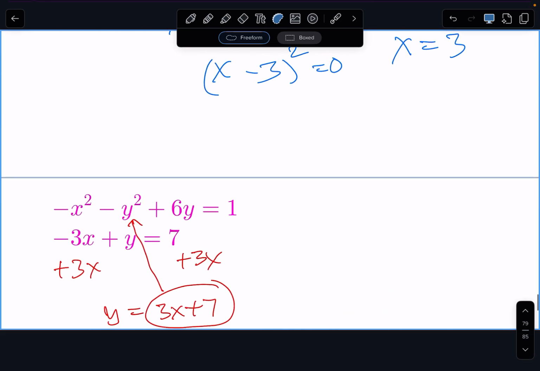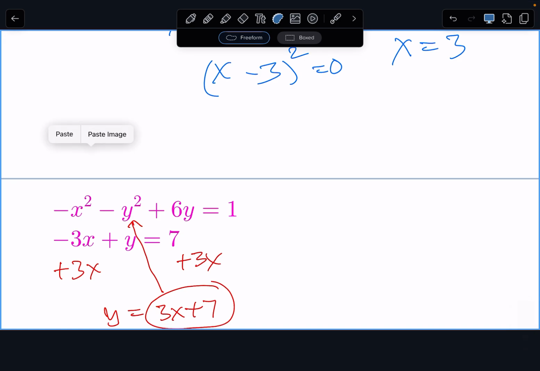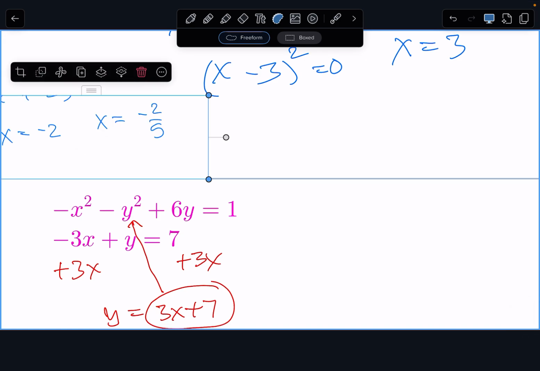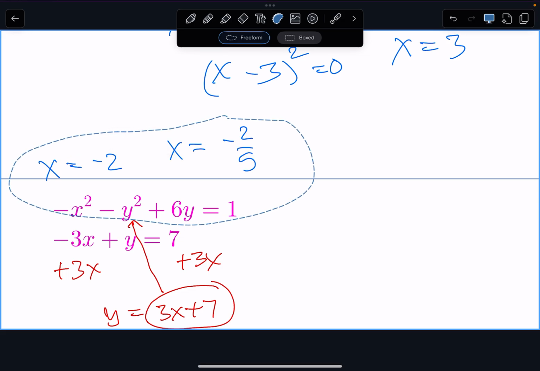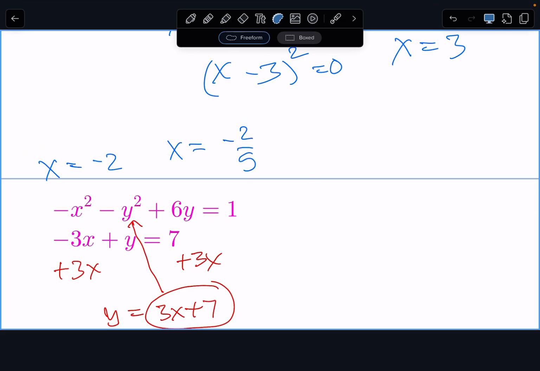So now we got to go up here. We can plug it into either one. I think the bottom one looks like an easier option. 3 times -2 plus y equals 7.